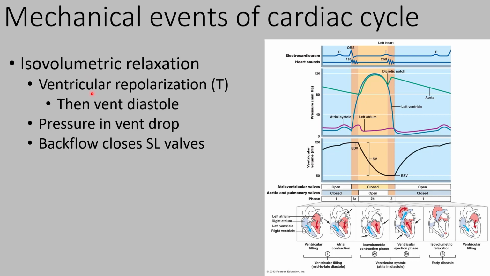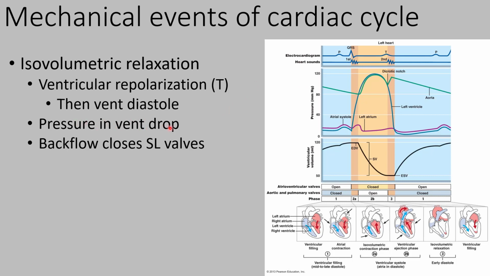Now, if we look at the electrical event, the ventricles are repolarizing, and we go into ventricular diastole. So this is the T wave and shortly after the T wave. Ventricles repolarize, we get the T wave, and then ventricles go into diastole. We get that flat spot there. As the ventricles relax, what's going to happen?